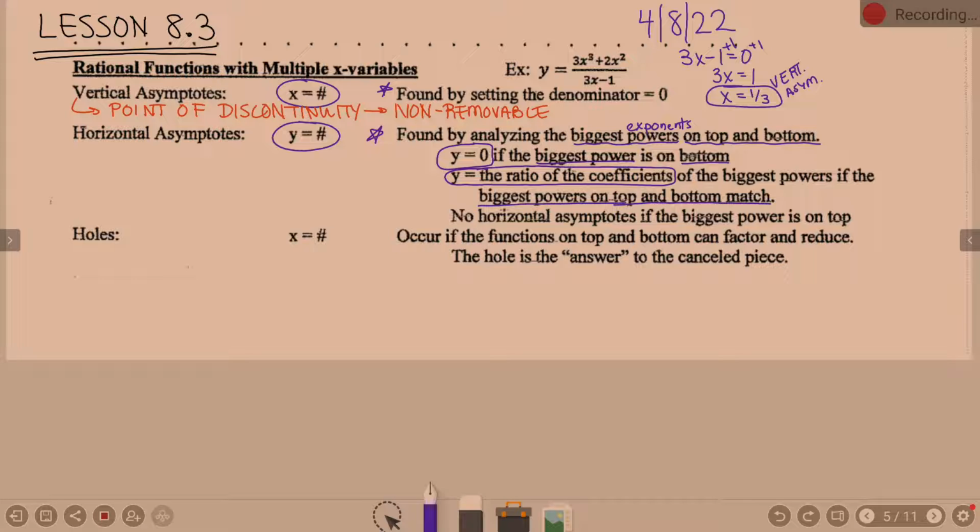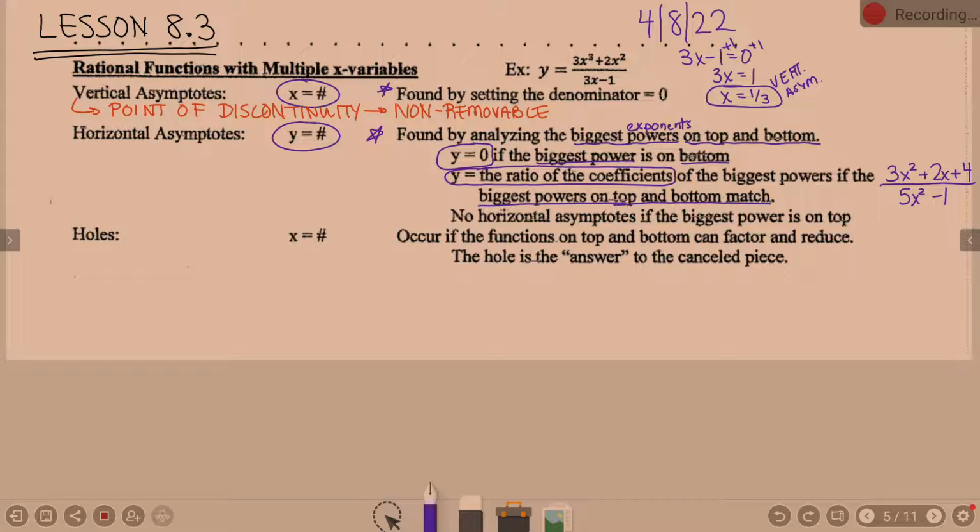For example, let me use a quick example here. Let me make something up on the fly. Okay, can you read that?